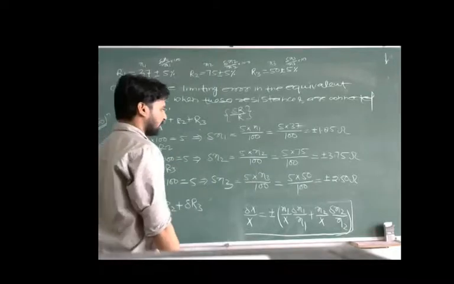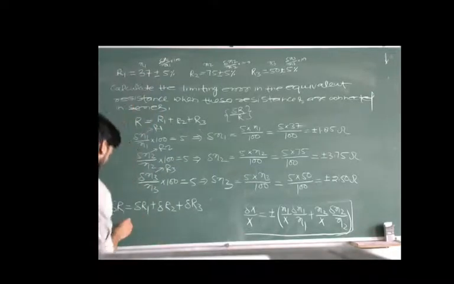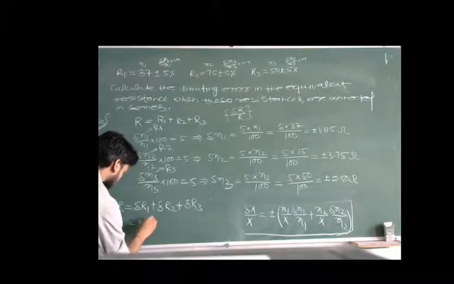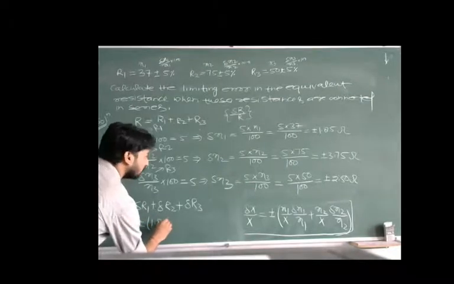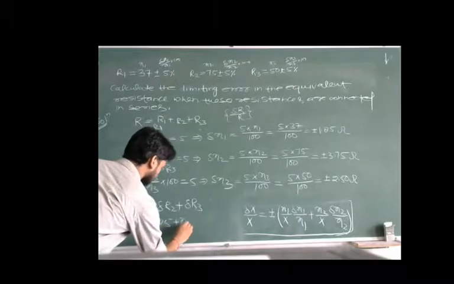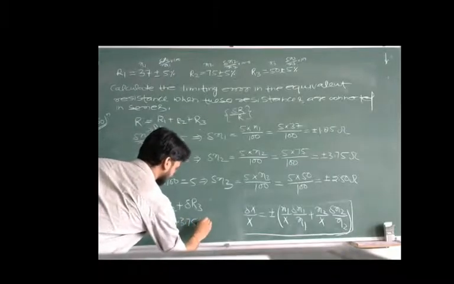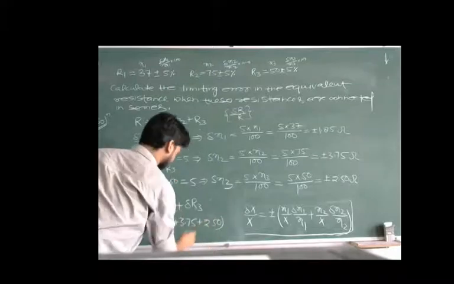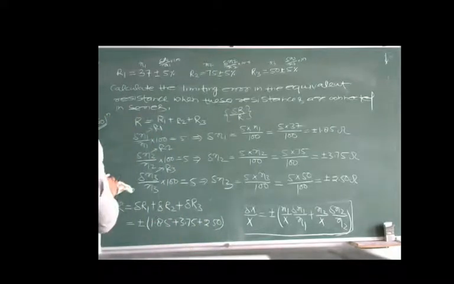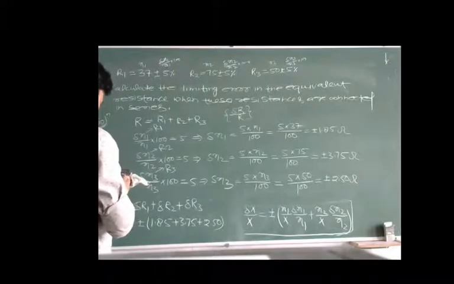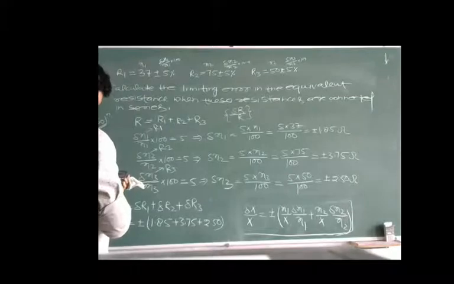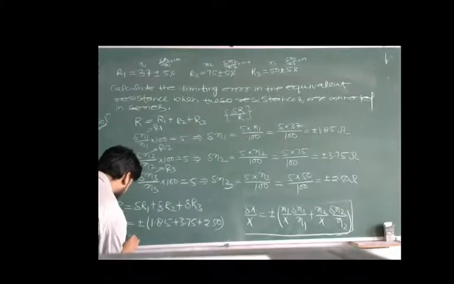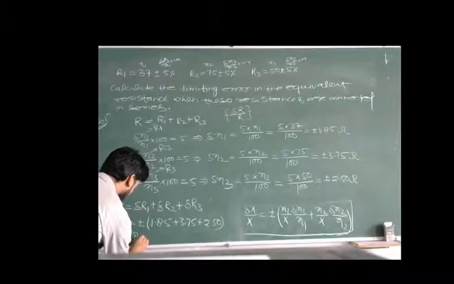So we can add each value together: 1.85 plus 3.75 plus 2.50 is equal to 8.1.